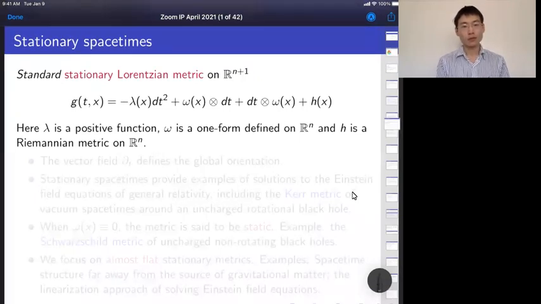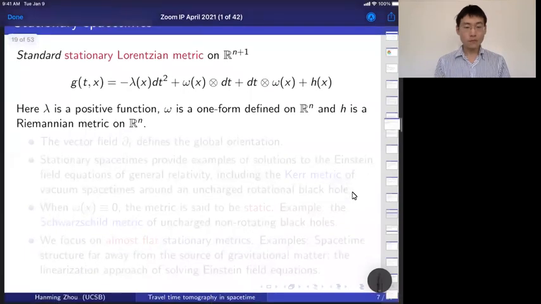So, of course, the main question now is: if we are given this distance function with some proper measurement, whether we can recover this Lorentzian metric. But we will restrict it to a smaller class, which is called the stationary Lorentz metric. By definition, it can be written in the following way.